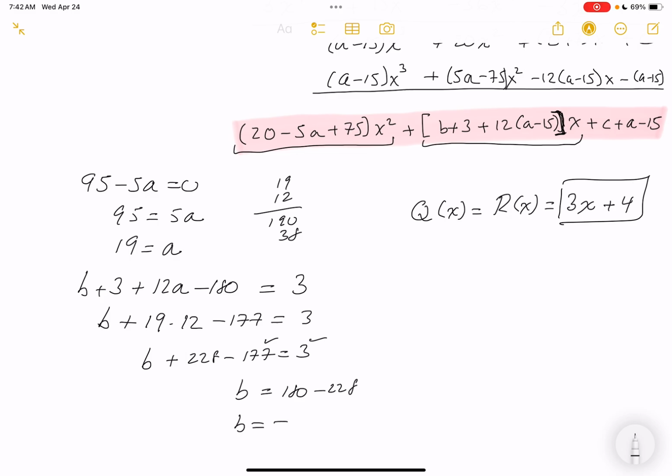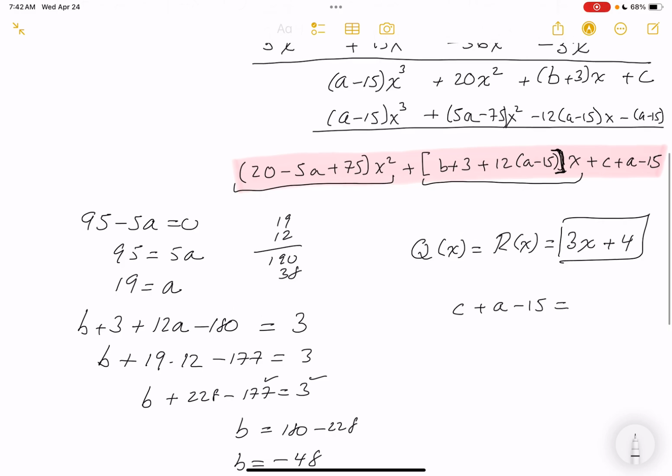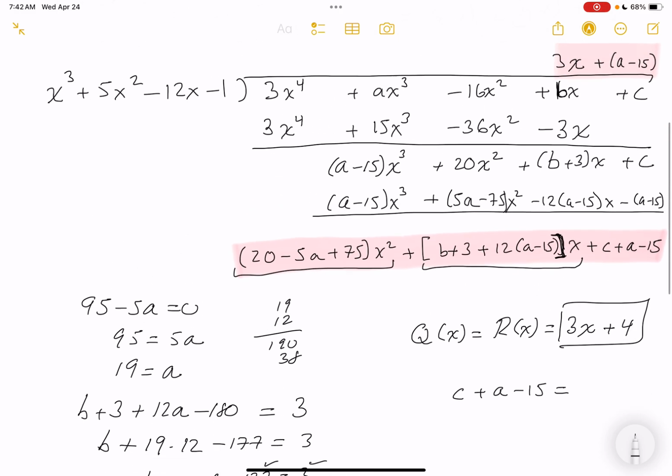So b is going to be minus 48. All right? And I think I can go for c now. And looking at it, let's write this down. So c plus a minus 15 has to equal a minus 15. Well, that's pretty easy. C is 0.